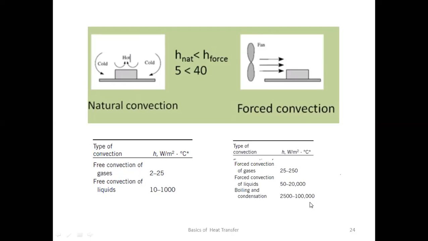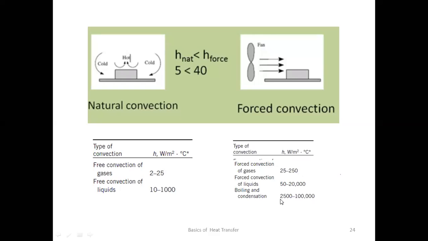And at the last, boiling and condensation. See the value. Can you read the maximum value? Can anybody read it for me? The maximum value of H for boiling, how much is that? Anyone read and tell me.